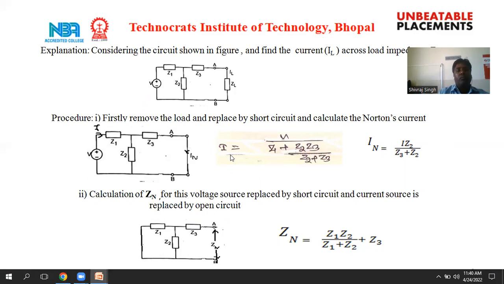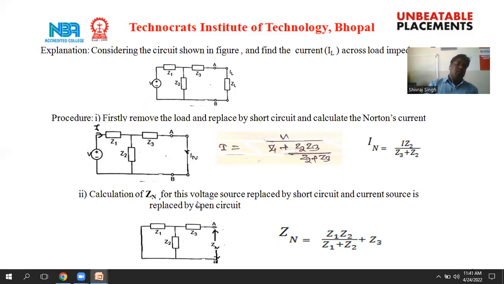If we calculate I, then according to the current division rule, we can find the Norton current. That is IN equal to the total source current I into the opposite arm impedance Z2 upon Z2 plus Z3. That means we can calculate the Norton's equivalent current source.